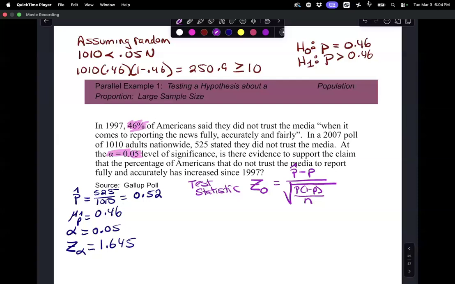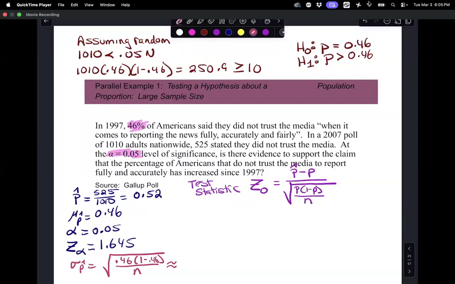I usually do the standard deviation by itself and divide it, just because it's a lot of places to make mistakes. So let's do that first. So my standard deviation of p hat is going to be the square root of 0.46. Remember, we're using the null hypothesis, times 1 minus 0.46 divided by n. Doing it independently just helps a little bit.